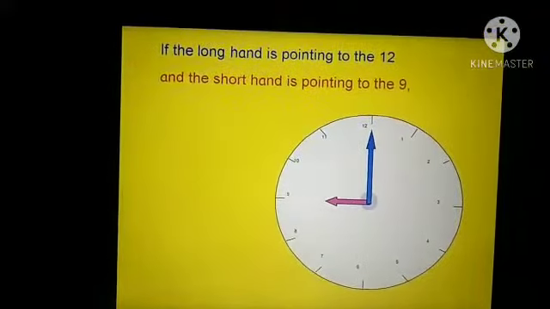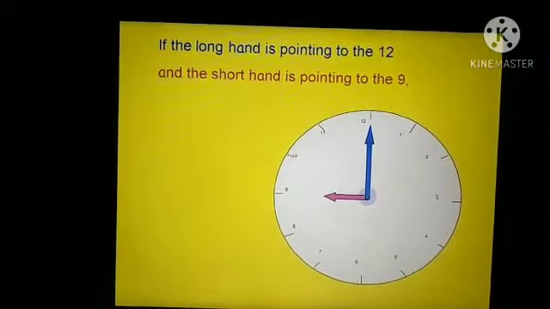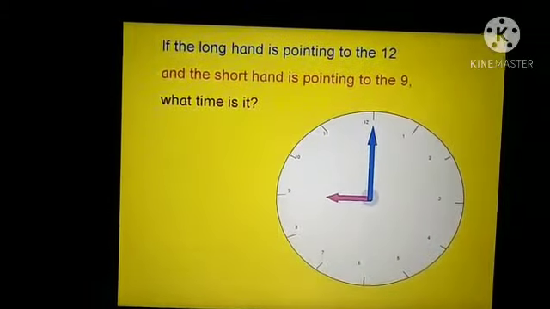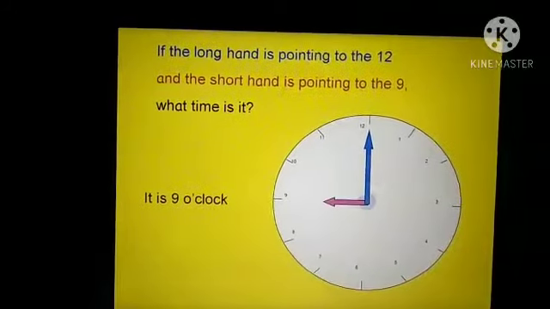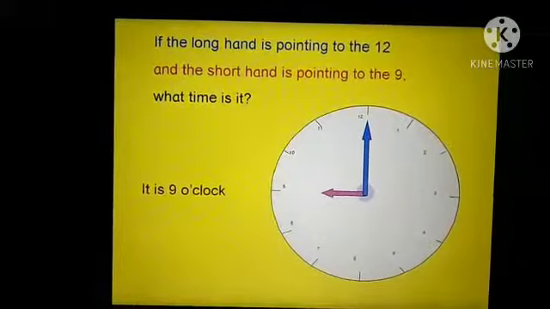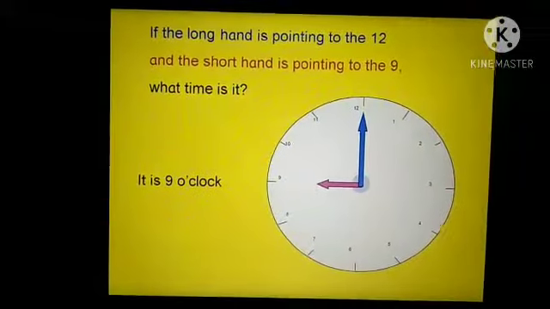Can anyone guess? Wait, we will look for what is the time. What time is it? It is 9 o'clock. Yes, so students, you are right and you know very well. Appreciated.